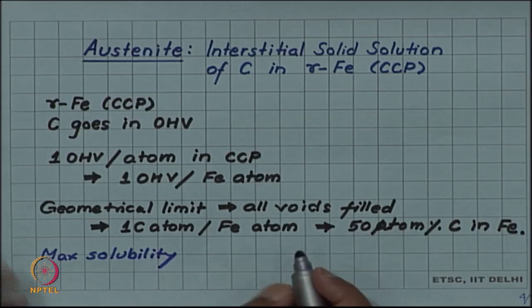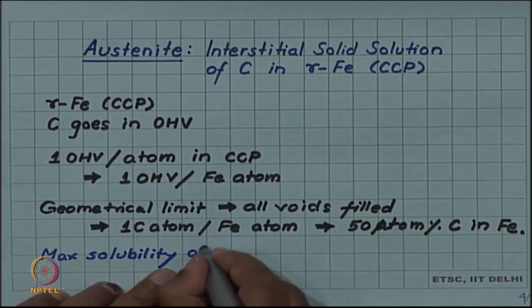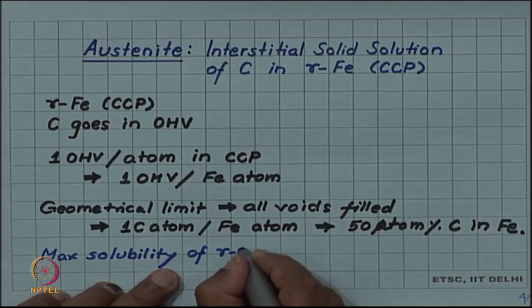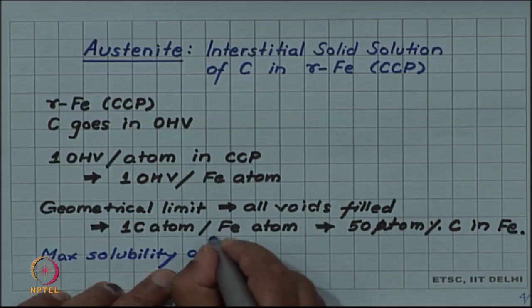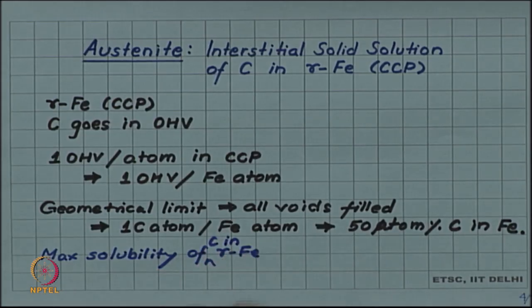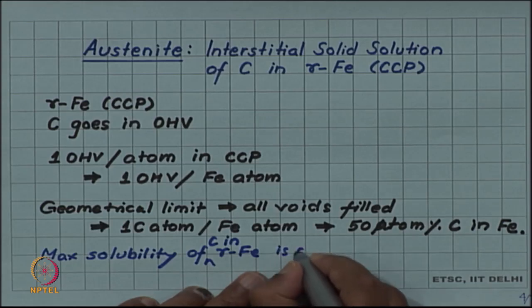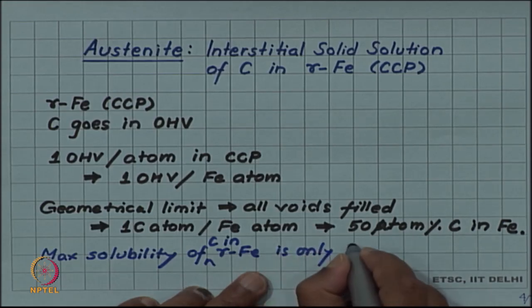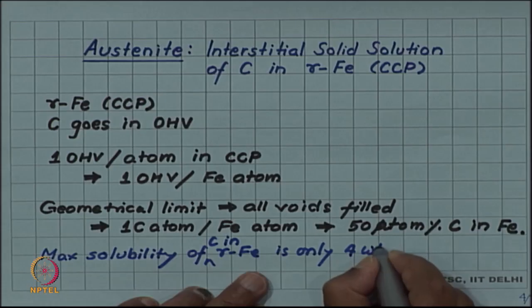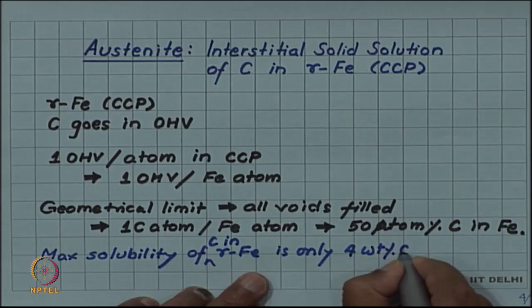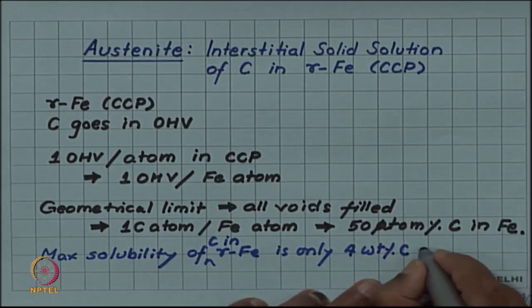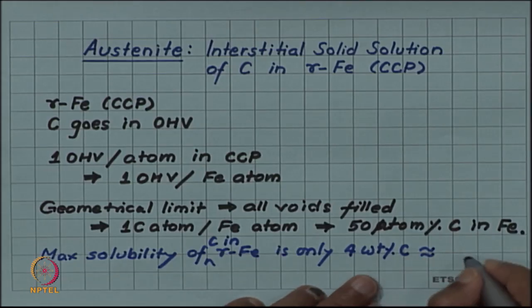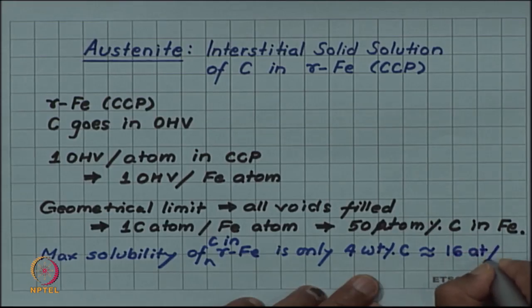Maximum solubility of carbon in gamma iron is only about 4 weight percent. If you convert this into atomic percent, you get about 16 atomic percent.